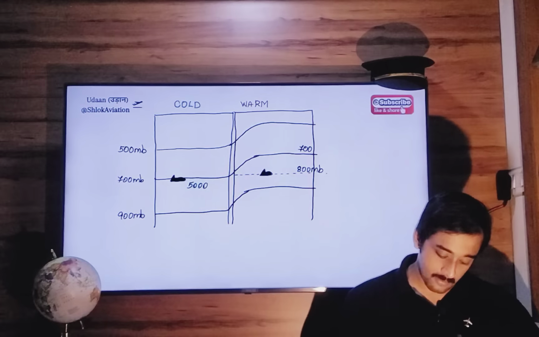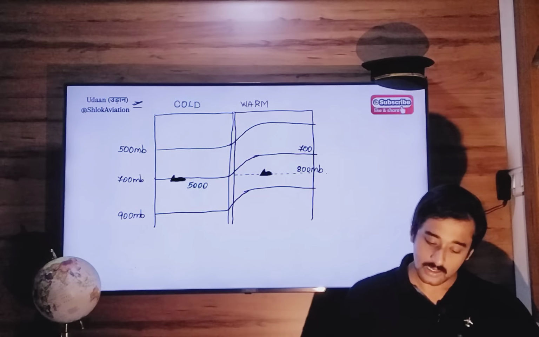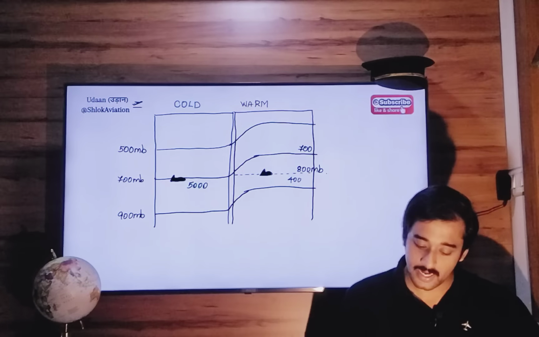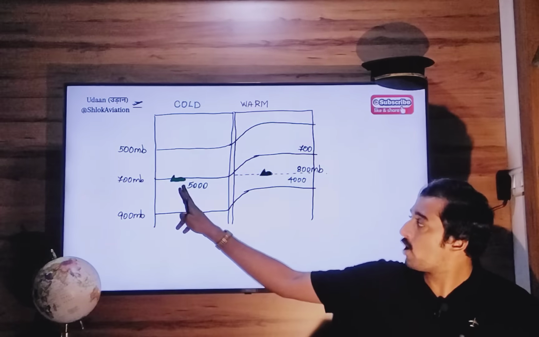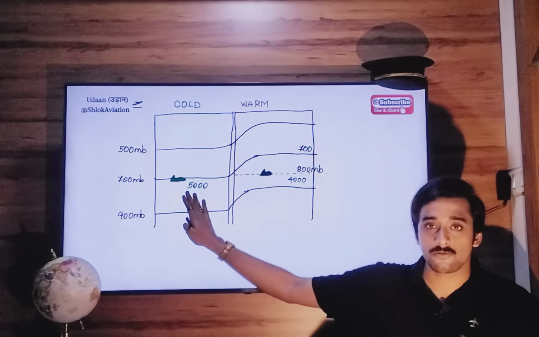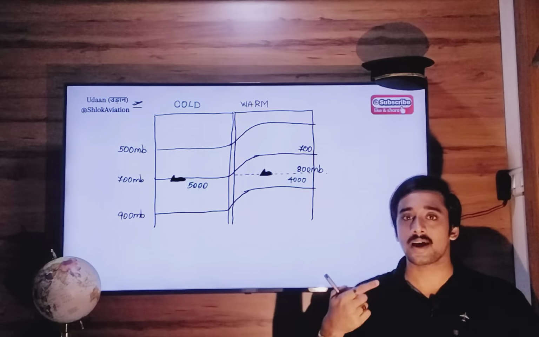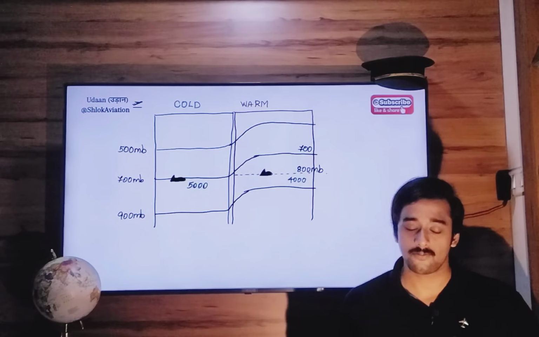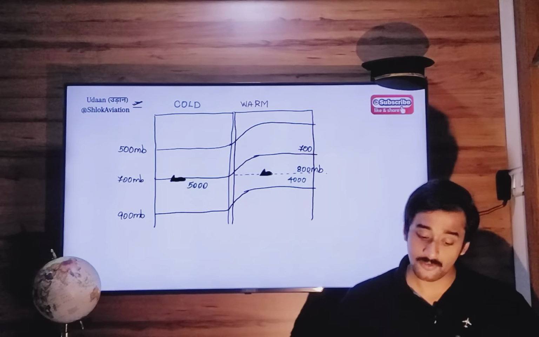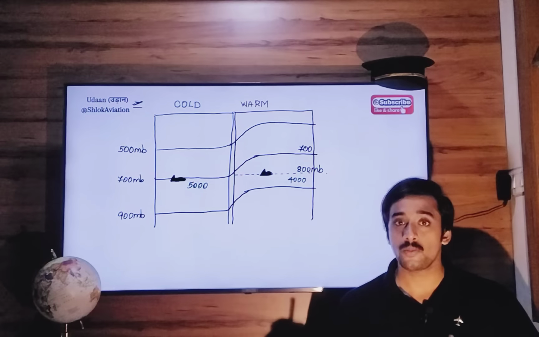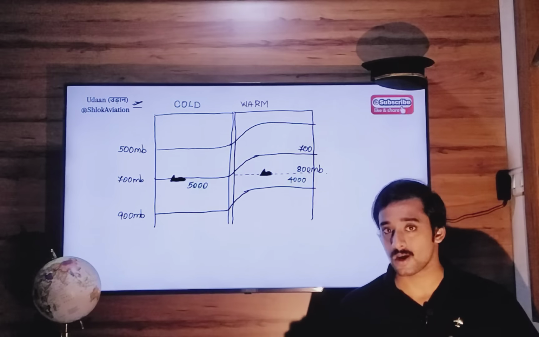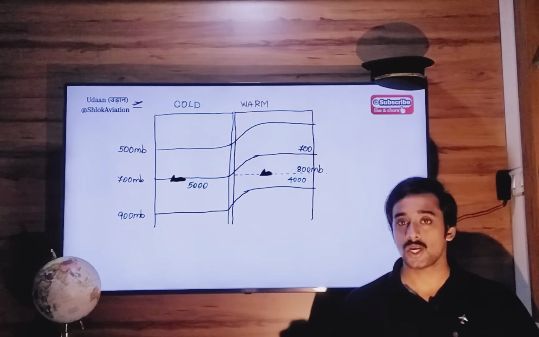Now 800 millibar translates into some 4000 feet, let's say. So over here, your altimeter was indicating 5000 feet. Over here, it indicates 4000 feet. So the pilot finds this confusing. He is instructed to maintain 5000 feet, not 4000 feet. So what will be the natural tendency?